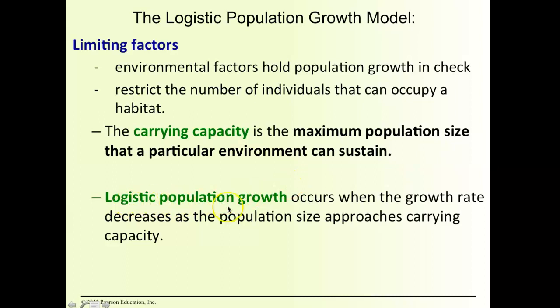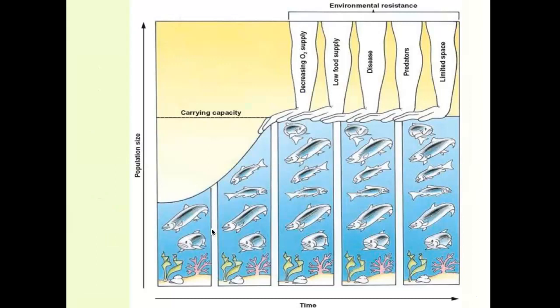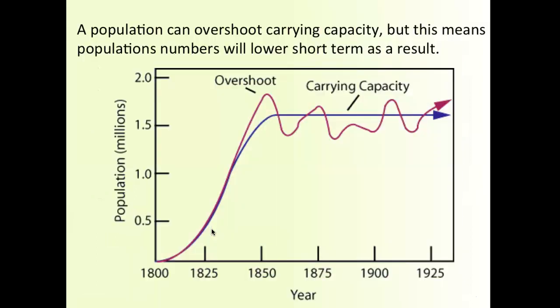And then you're going to hit logistic population growth. Logistic population growth occurs when the growth rate decreases as the population size approaches carrying capacity. So let's look at this graph. We have a population, and the actual numbers are in purple.